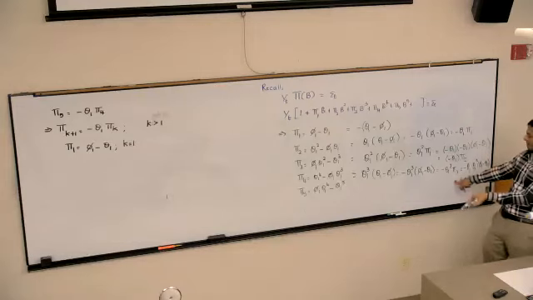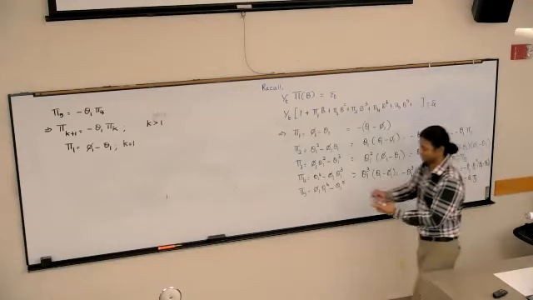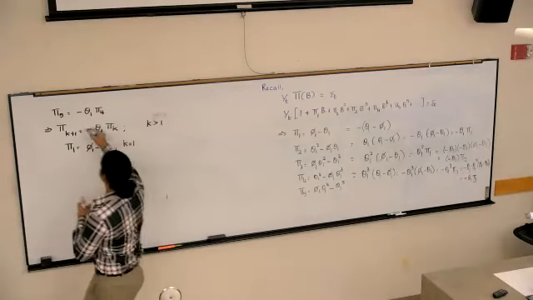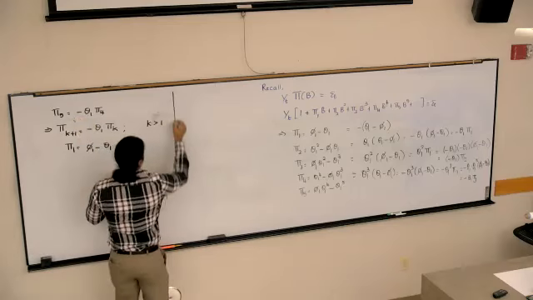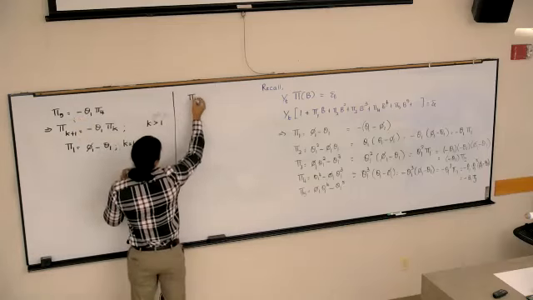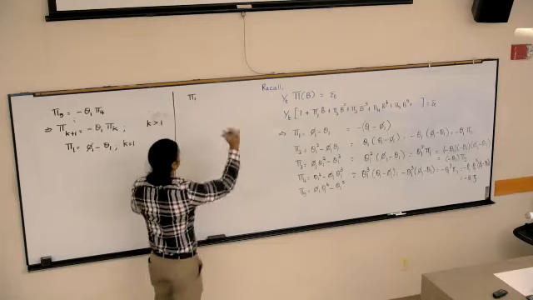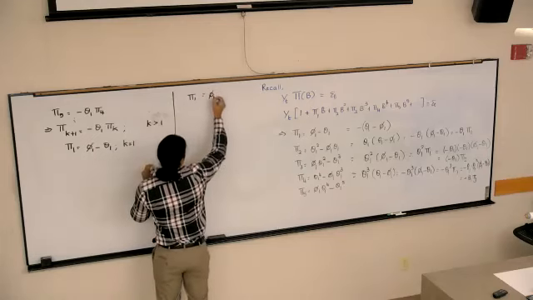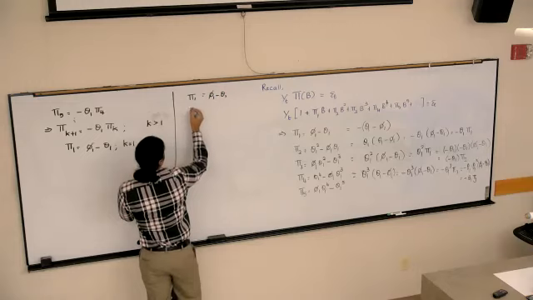So what is pi 5 then? We have our usual pi 1, phi 1 minus theta 1.